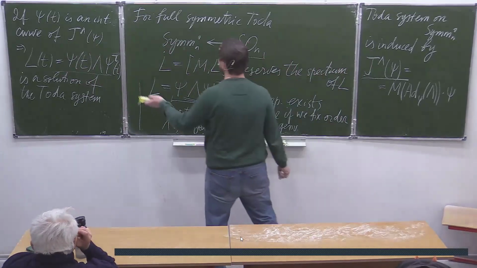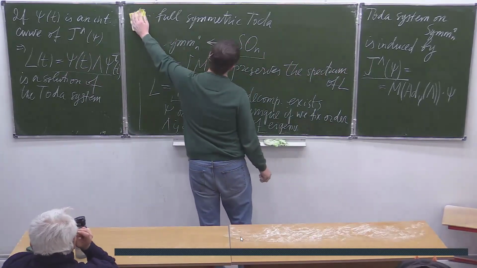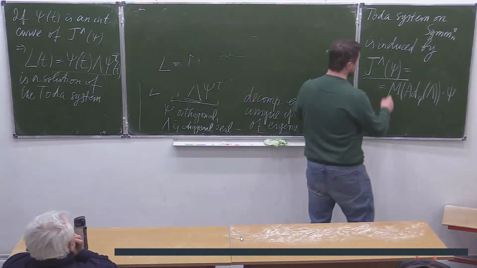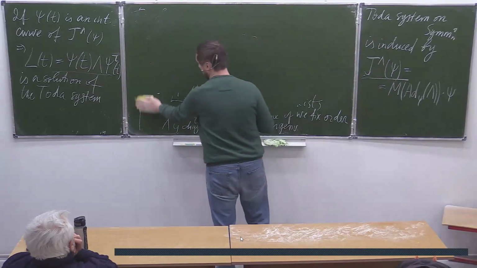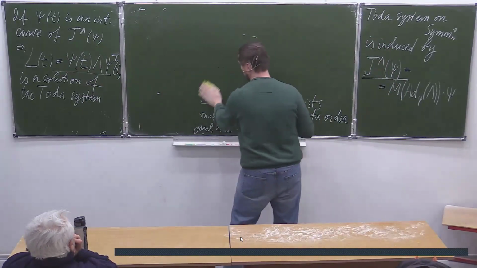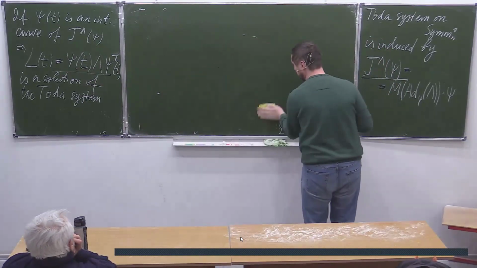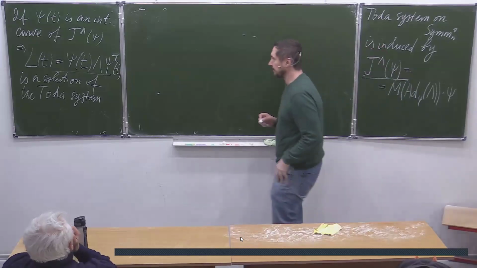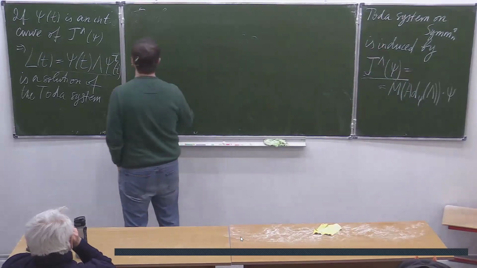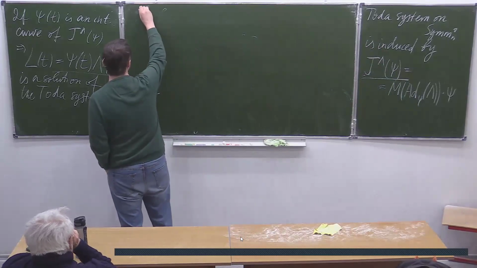So now I'm going to construct symmetries of this vector field. So from now on, I'm working on the group SON, the real group. So first of all, I'll prove the following proposition.